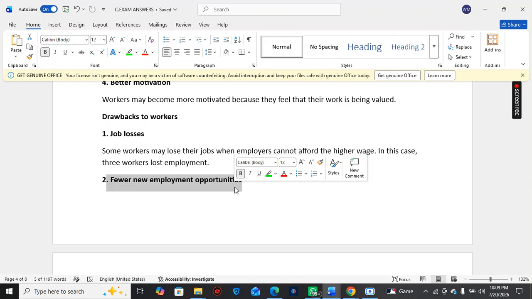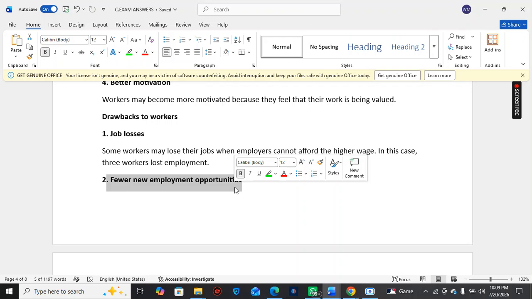They've laid off some workers. So it will be hard to go to another firm in the same industry to enjoy this new minimum wage increment because that other firm has also laid off workers.